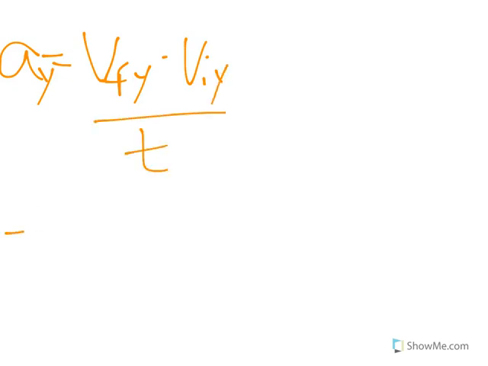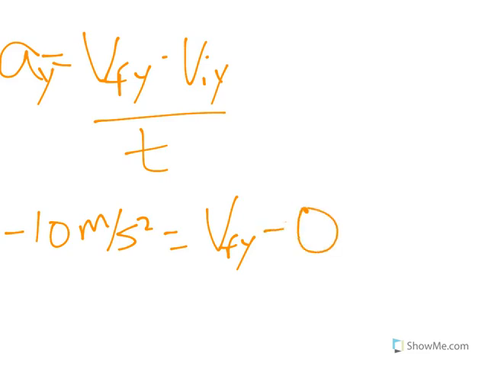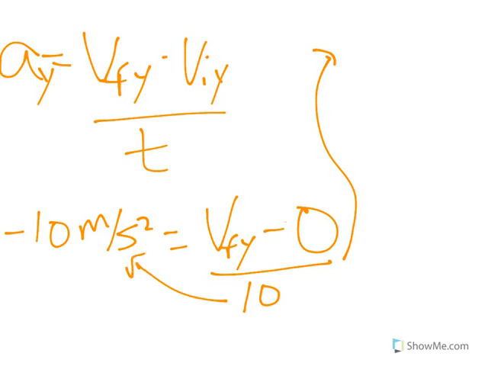So the acceleration in the y is negative 10 meters per second squared, and that's equal to vfy, we don't know yet, minus viy, which is 0, divided by 10. And so if we solve this problem, multiply the 10 up here, we end up getting negative 100 meters per second equals final velocity in the y.